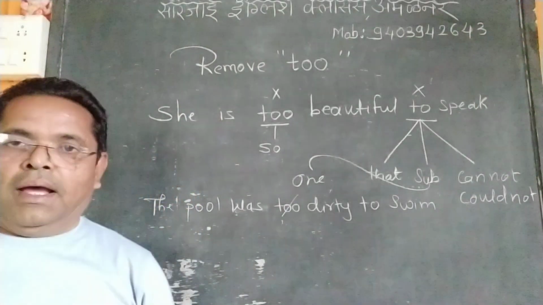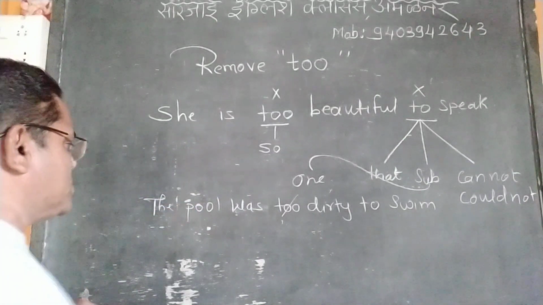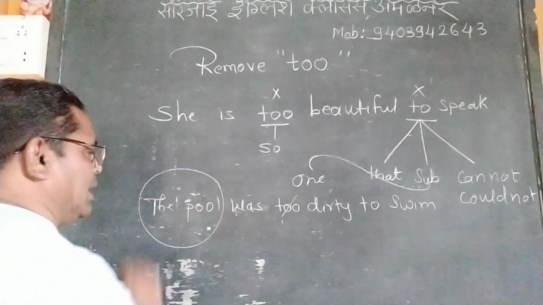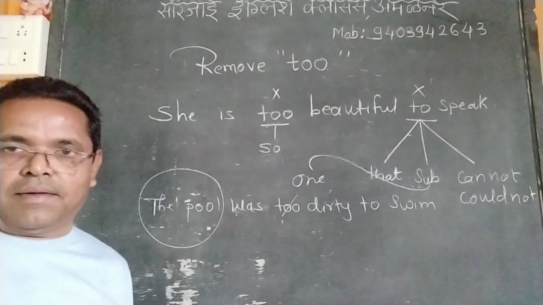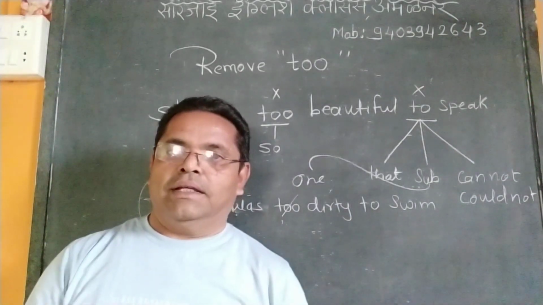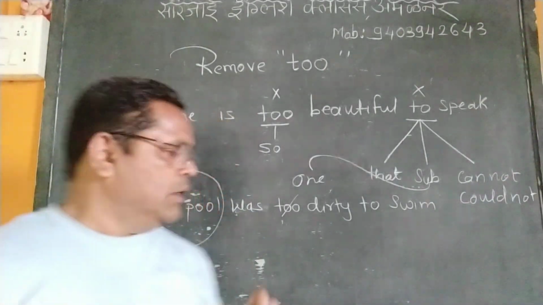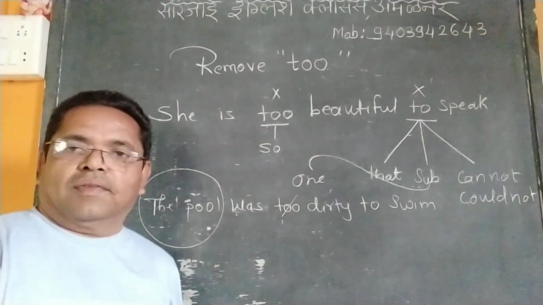इसका मतलब ये है कि ऐसे सेंटेंस में हमें सब्जेक्ट कौन है इसकी पहचान होनी चाहिए. वो सब्जेक्ट ह्यूमन बीइंग है या एनिमेट है या थिंग है, तो हमें ये यूज समझना चाहिए. तो यहाँ पे क्या है? पूल.